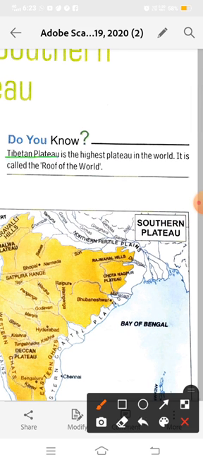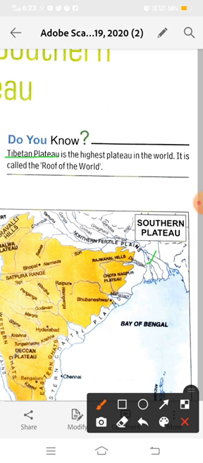The Tibetan Plateau is the highest plateau in the world. Plateaus are all over our world, but the Tibetan Plateau is the highest plateau in the world. It is called the roof of the world because it is the highest plateau. And where is the Tibetan Plateau?